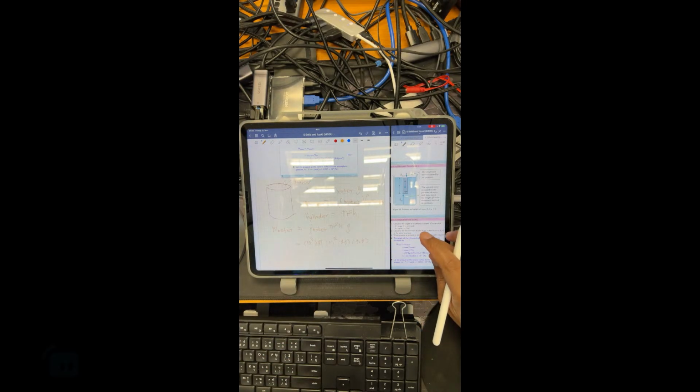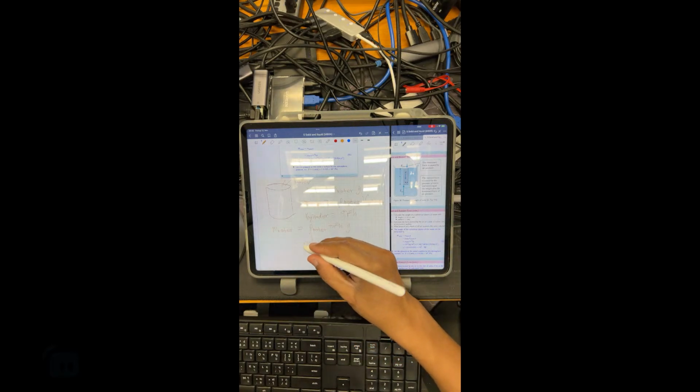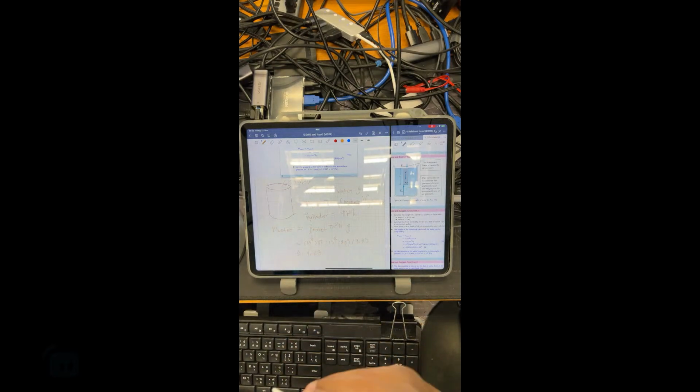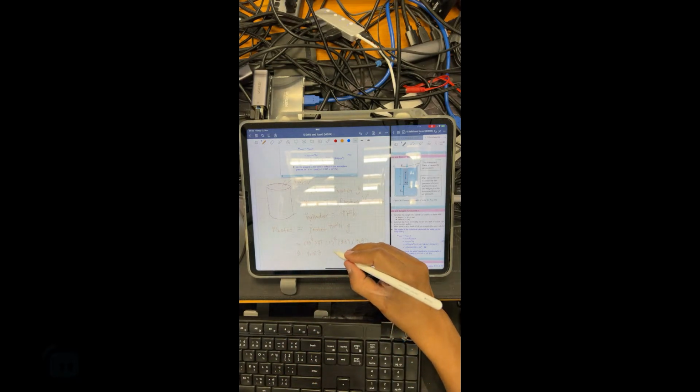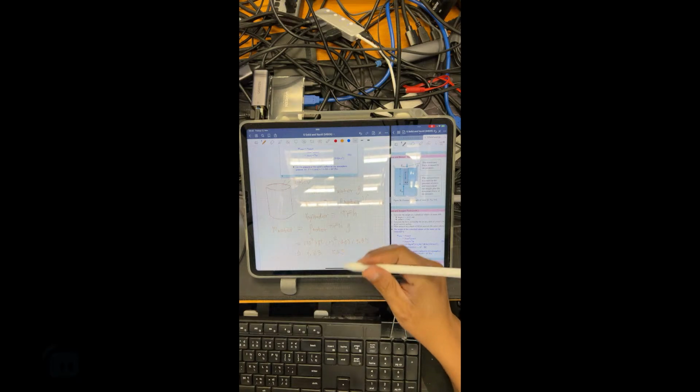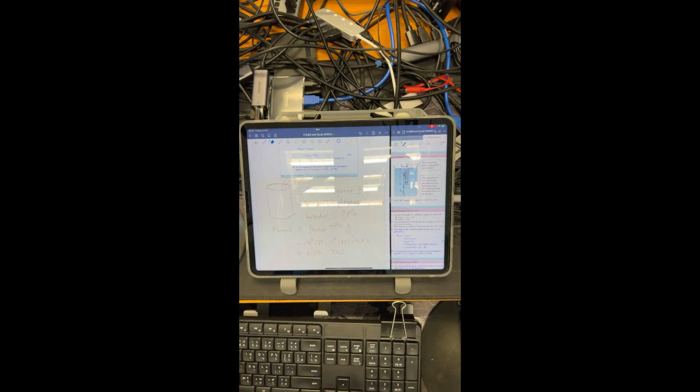You put it into the calculator and you would get the number, approximately 1.23 times 10 to the something Newton. That's the weight of the water in this cylindrical shape.